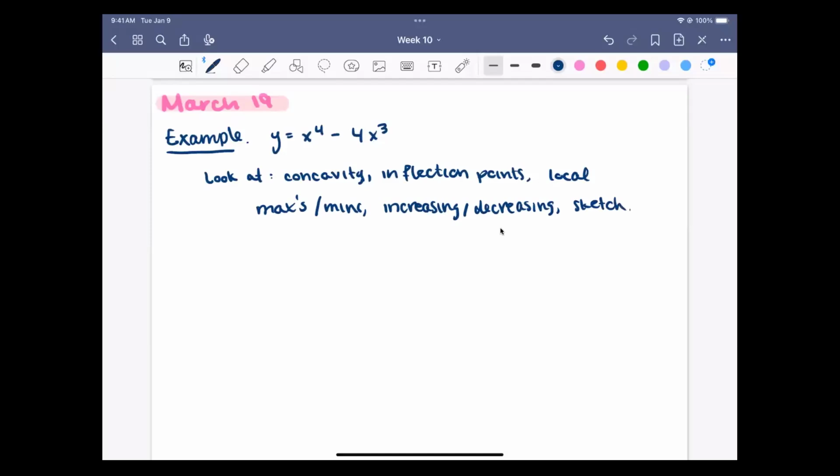Okay, so to determine these things, we're going to need to know the first and second derivative. So I'll just go ahead and start by computing that.